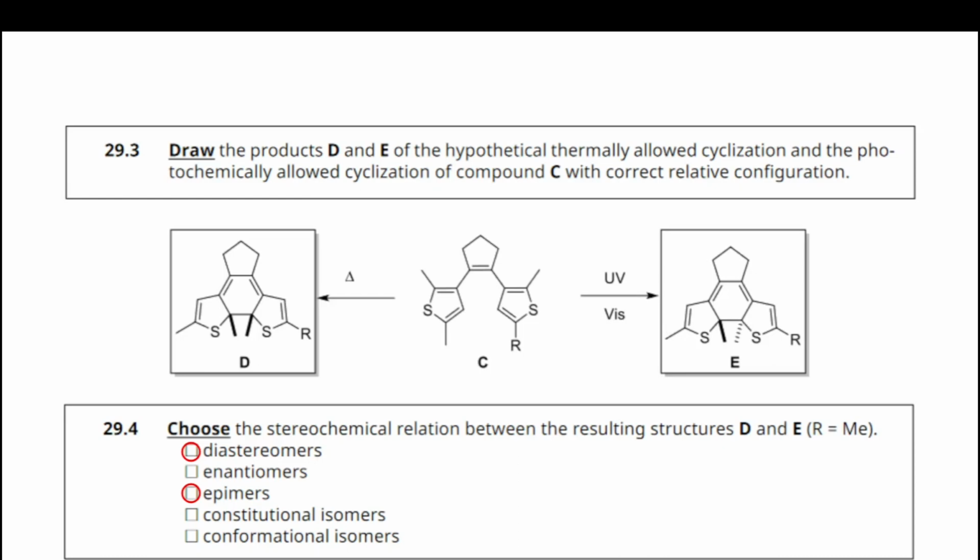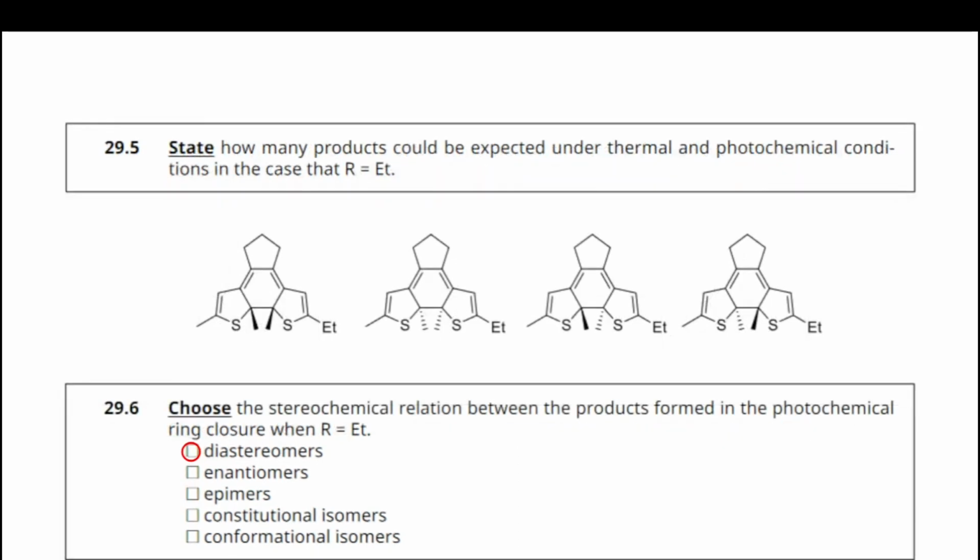So that's why they are epimers. But they are definitely not constitutional isomers, which would mean that there is some interchange of atoms whereas the formula is the same. And they are not conformational isomers because they are stereoisomers. Conformational isomers would have basically the same structure, even the stereochemistry, but a changed conformation, like rotating a bond. So state how many products could be expected under thermal and photochemical conditions in the case if R is ethyl, and that makes some difference.